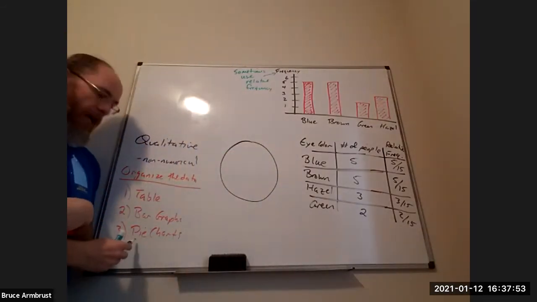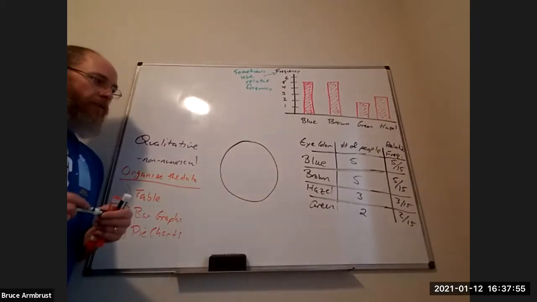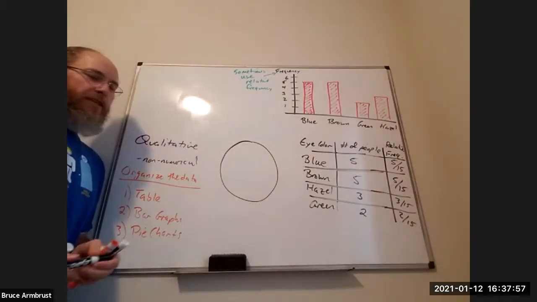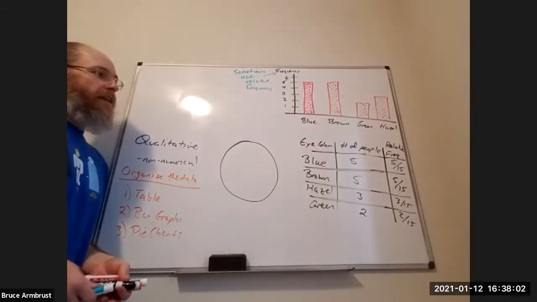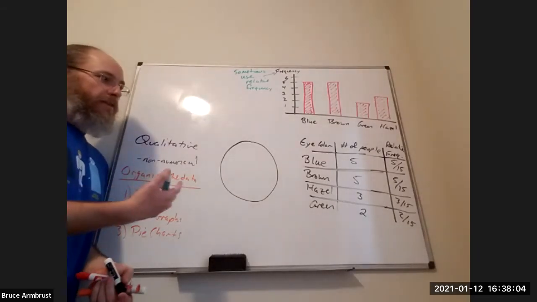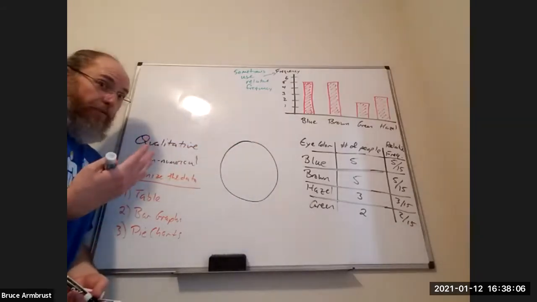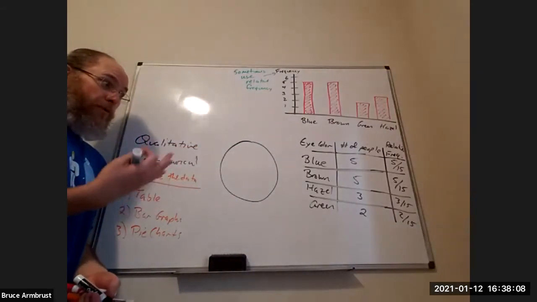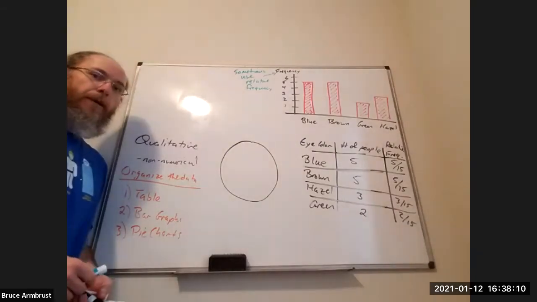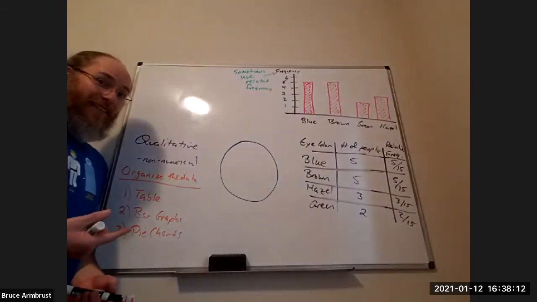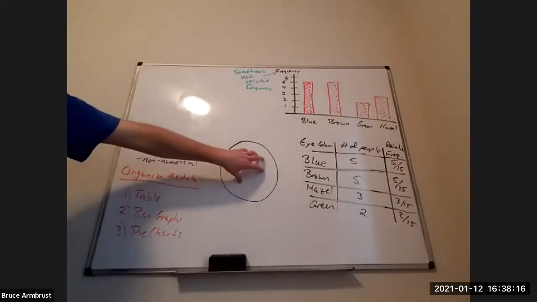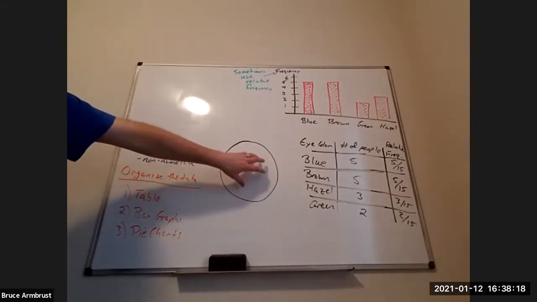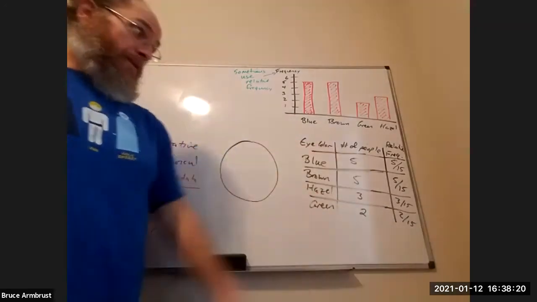Hence your pie. And what we're going to do is we're going to slice this pie such that the slices that represent the different eye colors, so we're going to have 4 of them. There's going to be a slice for blue, brown, hazel, and green, such that their slices take up the portion of the pie that's the same as their relative frequency.